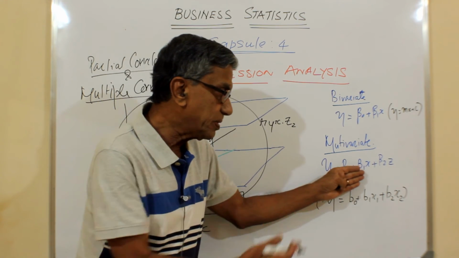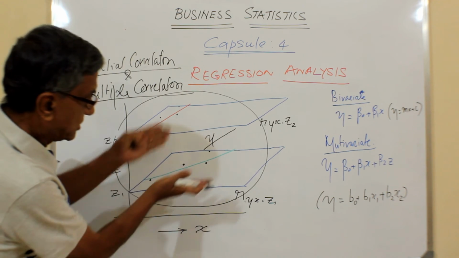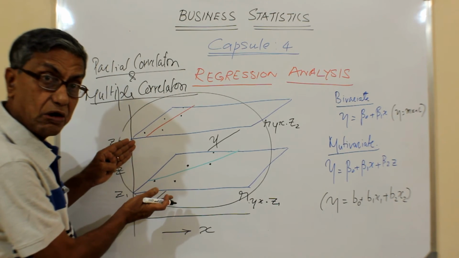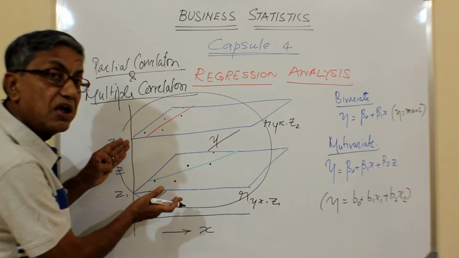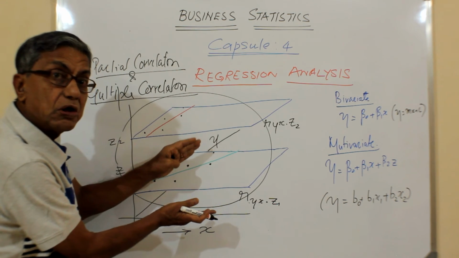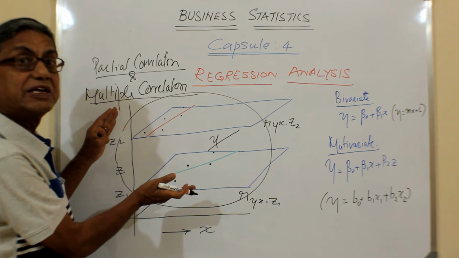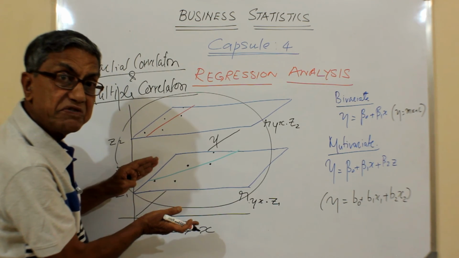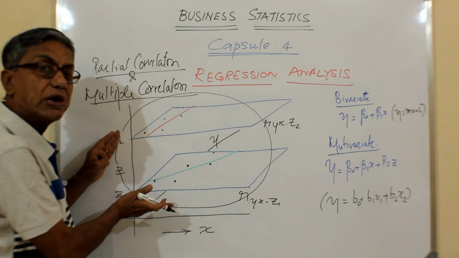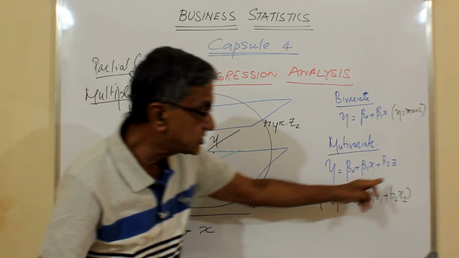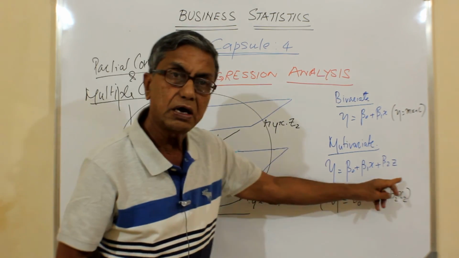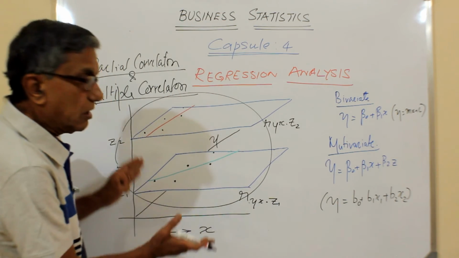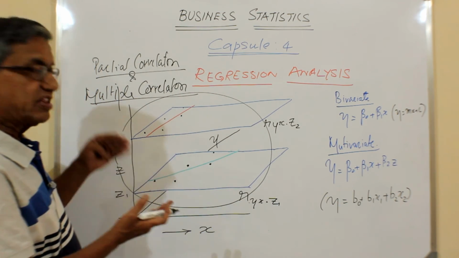As the independent variables x and z are considered in this entire three-dimensional figure, you are estimating y in the context of both x and z varying. When x and z, which are independent variables, vary, how y varies is what multivariate data or multivariate regression analysis is about. So if you understand this, you can further extend yourself.